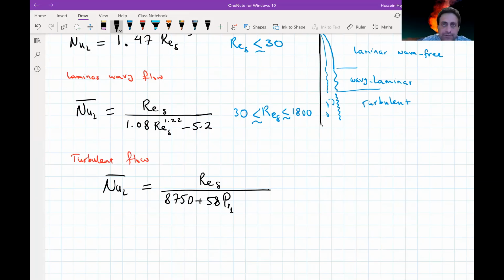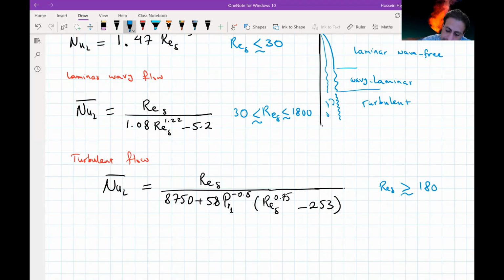So Prandtl of liquid to the power minus 0.5, Reynolds of delta to the power of 0.75 minus 253. So this is for Reynolds number delta greater than 1800 and Prandtl number liquid greater than or equal to 1.